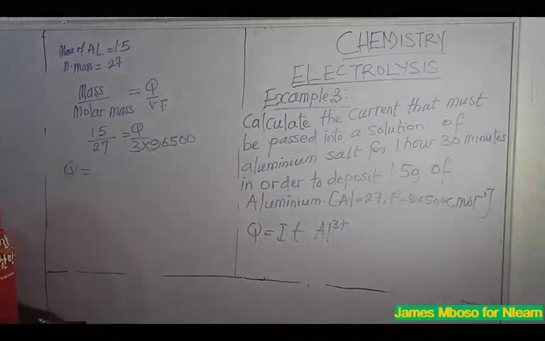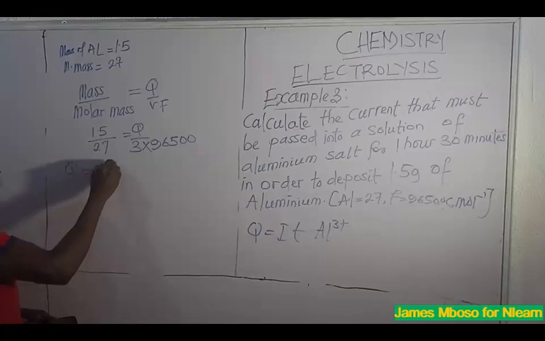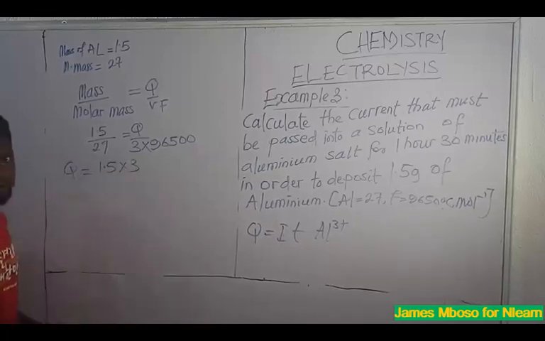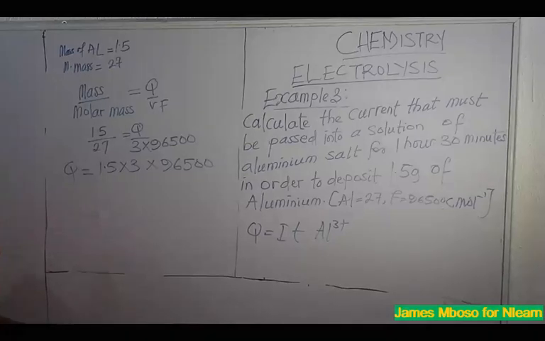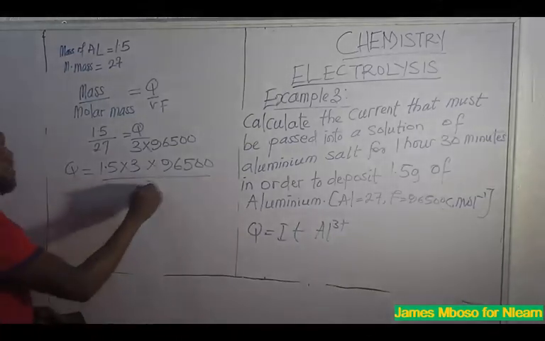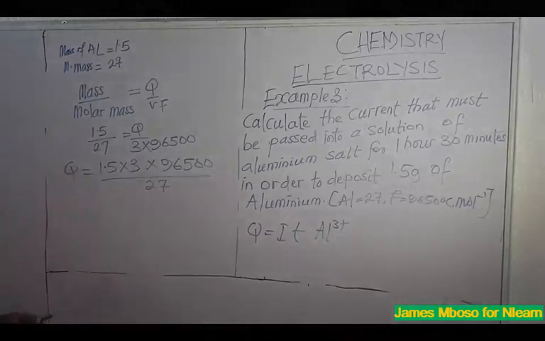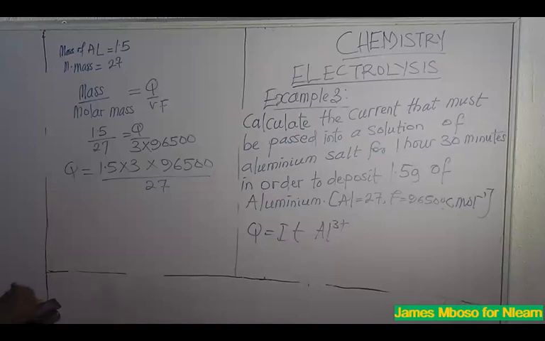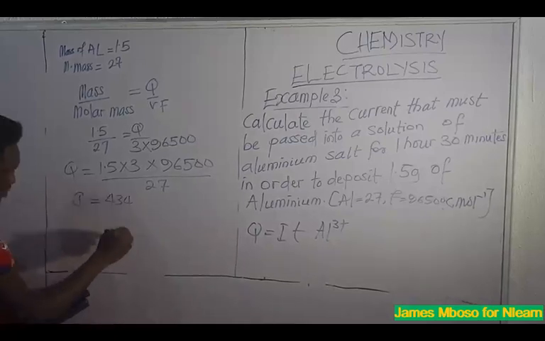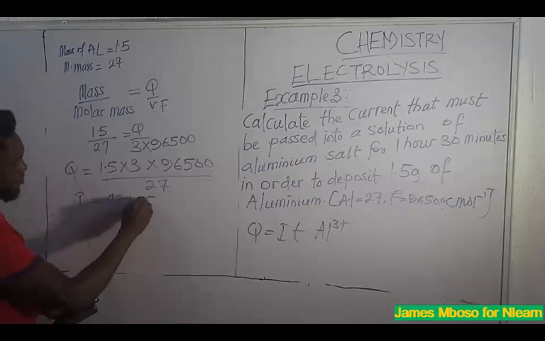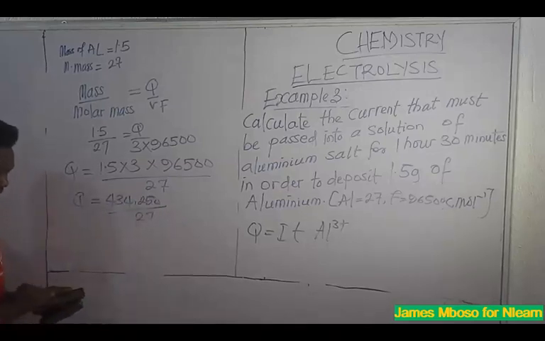We make Q the subject of formula. We have Q equals 1.5 times 3 times 96500, divided by 27. So we have 434250 divided by 27.